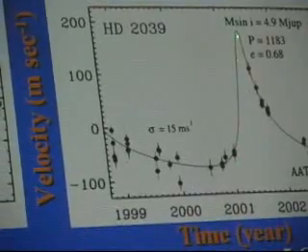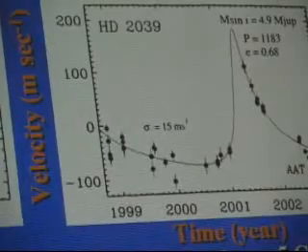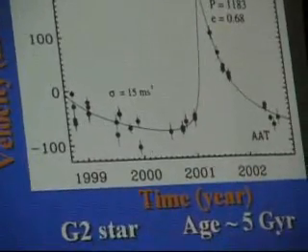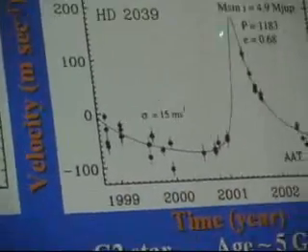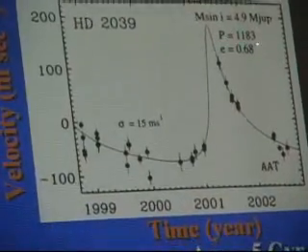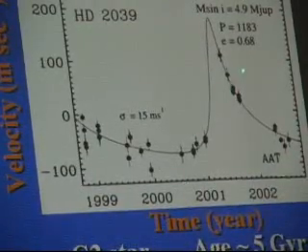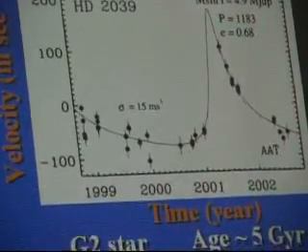The amplitude of this also conveys information about the minimum mass of the planet around that star, and that one is about minimum mass 5 Jupiter masses, and it has a period. Notice the time scale here is in years, so this has a period of almost 1,200 Earth days.